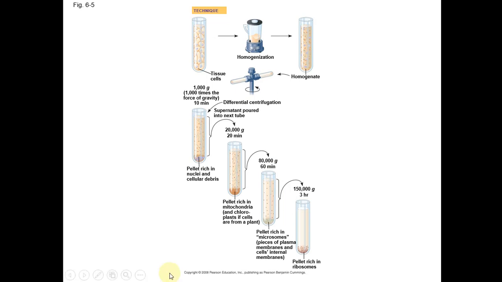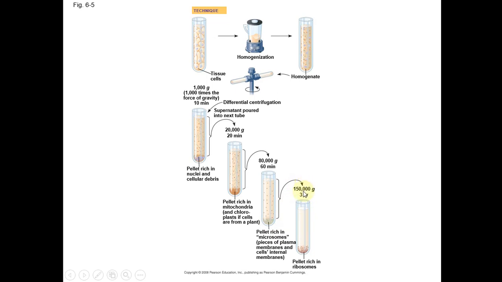So, here we can separate pellet-rich in microsomes. These are pieces of plasma membranes and cells internal membranes. Membranes which are already broken down into pieces, yung mga maliliit. Kasi pinag-homogenize na natin siya. Okay, then after that, it will be transferred.